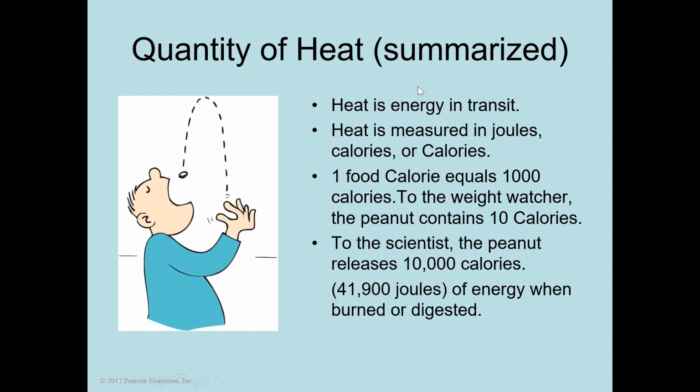This man's going to eat 1 peanut and the label says that it's 10 calories. But to the scientist, the peanut is 10,000 calories because that's lowercase c. The 1 peanut has 41,900 joules of energy when it's digested. And that wraps it up.